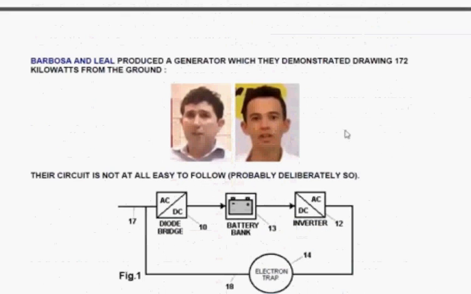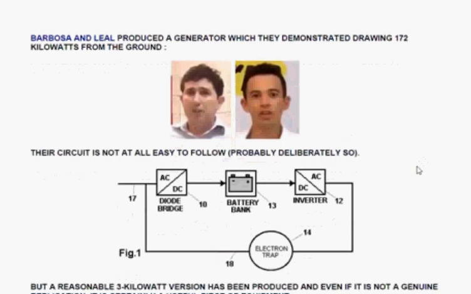People who have got into trouble with the establishment are Barbosa and Lille of Brazil. They produced a generator, which they demonstrated, and they showed it drawing 172 kilowatts out of the ground in a closed loop. Their circuit's not at all easy to follow, quite possibly deliberately so.